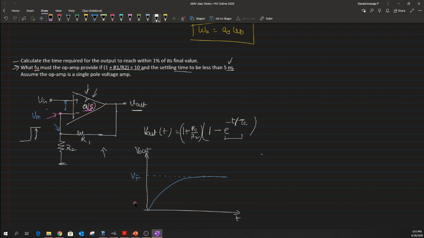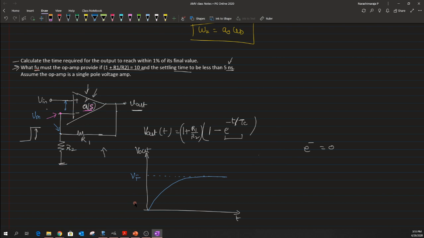So when can this e to the power t by tau c die out? Only when the time t goes all the way to infinity. We know that e to the power minus infinity is equal to 0, right. So we want this time to run a very long period in order to make this natural response completely die out, okay.